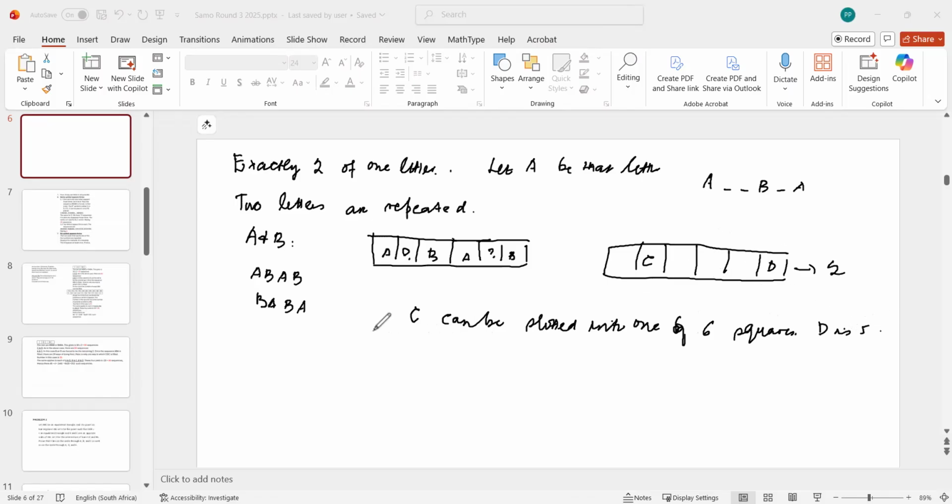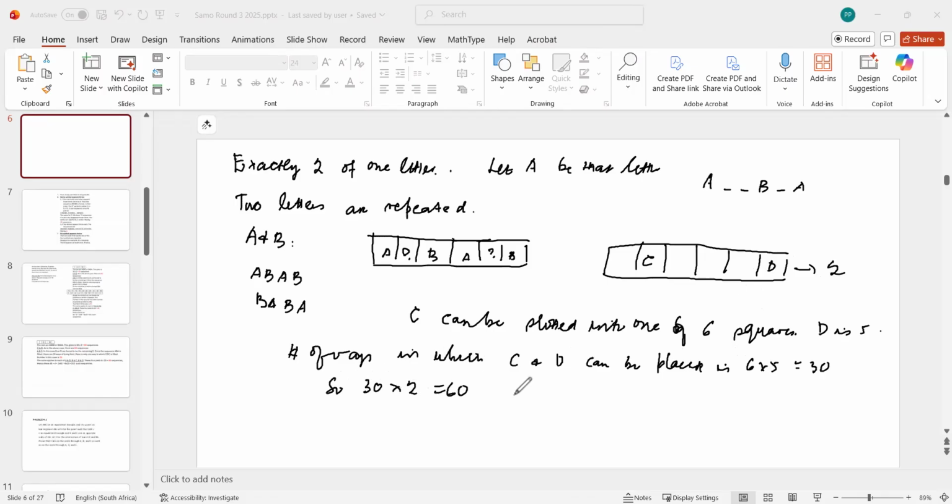So the number of ways in which C and D can be placed is 6 times 5. So once you place C and D, for each choice there is 2. So 30 times 2 equals 60 altogether.